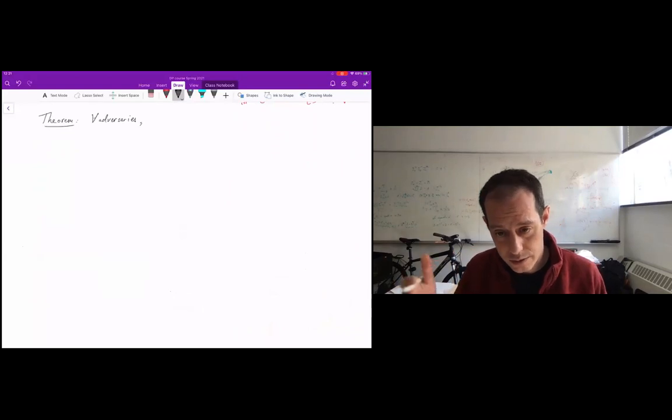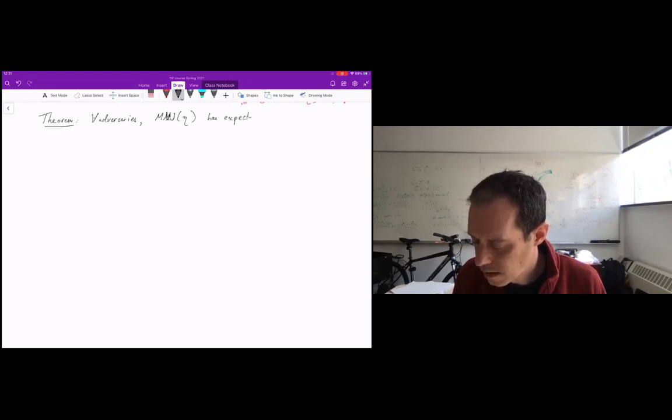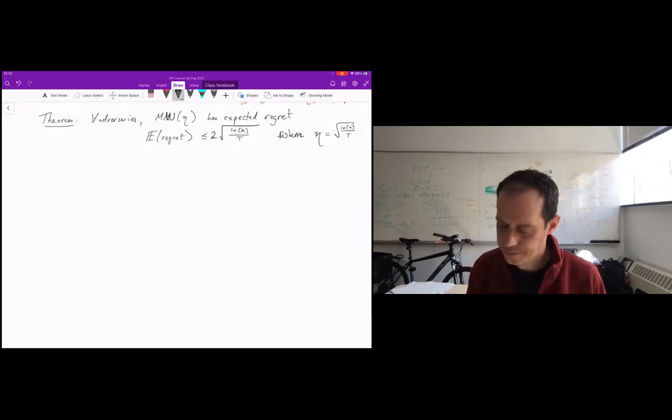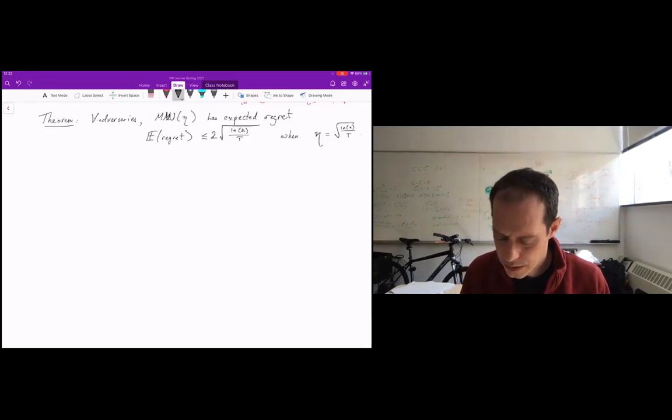Assuming the costs are chosen between 0 and 1, multiplicative weights run with parameter eta has expected regret at most 2 square root of ln k over T, when we select eta to be exactly square root of ln k over T. So let's prove that.